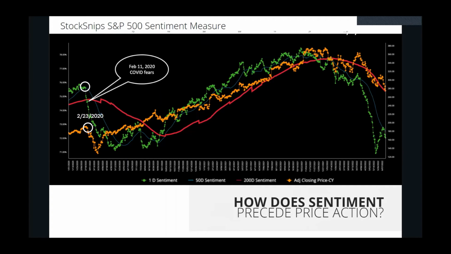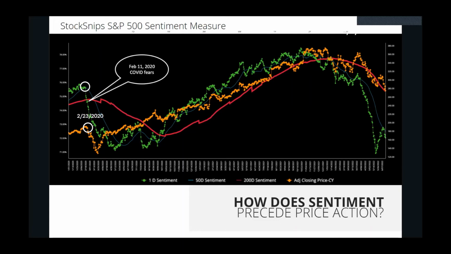And you can see here that the S&P 500 sentiment went below the 200-day average on February 11th, 2020, and this was due to the onset of the COVID fears, the breakout of COVID and the spread of COVID worldwide. You can see that the sentiment started to decline gradually starting February 11th, and that the price action followed on the 23rd of February 2020.